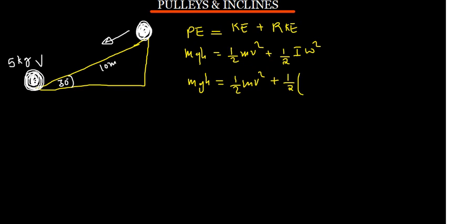Since this is a sphere, moment of inertia is 2 over 5 mr squared. And then where there is angular velocity, we replace with linear velocity divided by radius squared.